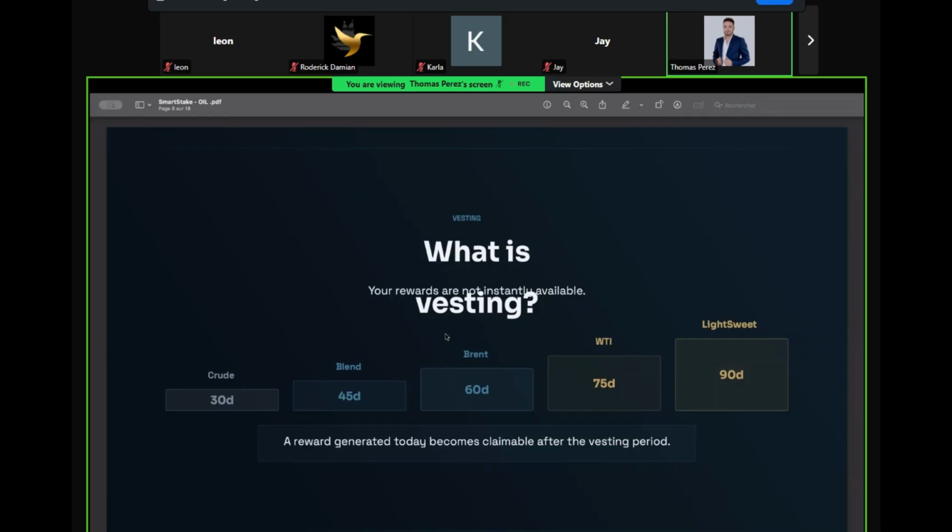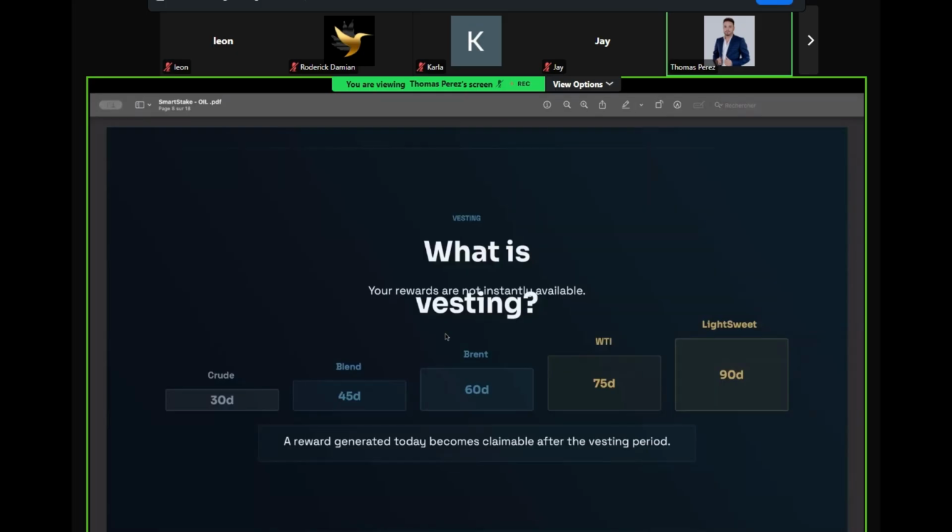It's pretty straightforward. It's because it prevents short-term behavior and protects the stability of the protocol against market behavior. It encourages patience, and the reward is not just a participation, but a commitment over time. So this is why there is this vesting period.